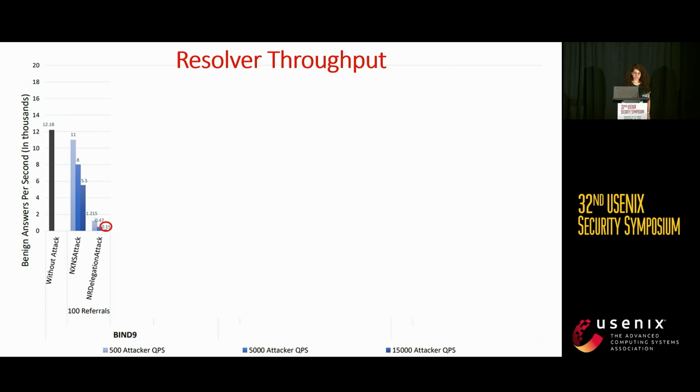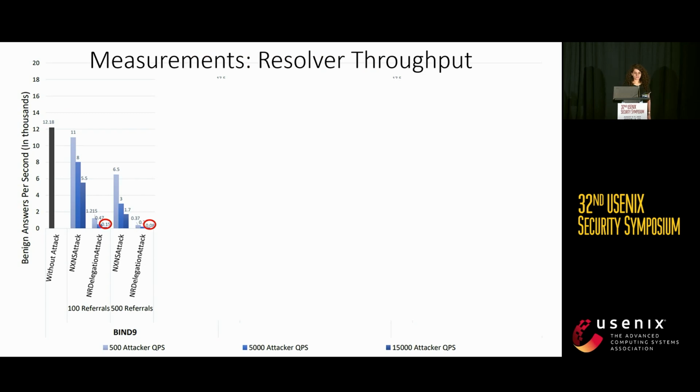In this graph, I'm going to show you only the throughput for benign users while, of course, the attack takes place. Without any attack, this server is able to answer more than 12,000 requests per second. When using 100 referrals in the referral list, this number drops to 150 requests and then complete denial of service. When using 500 referrals, this number is reduced to 80.